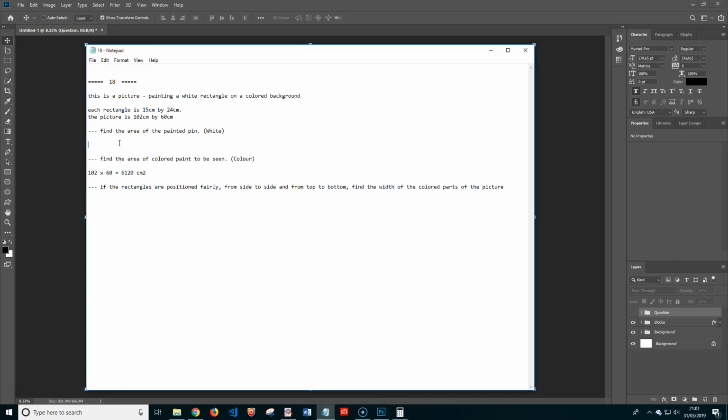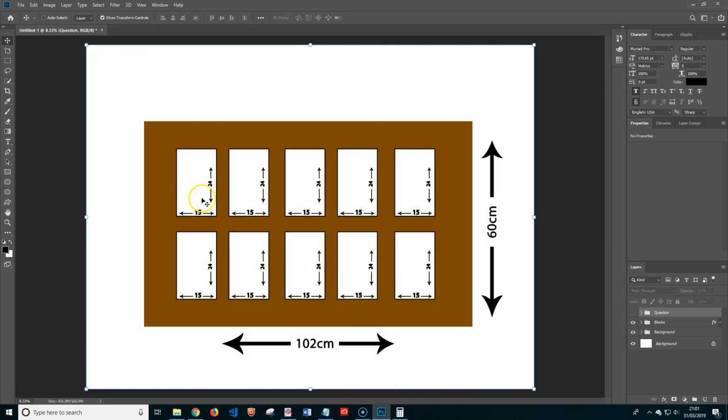So one square is 360. But if you go back to the painting, we've got 1, 2, 3, 4, 5, 6, 7, 8, 9, 10. So we've got 10 squares that size.